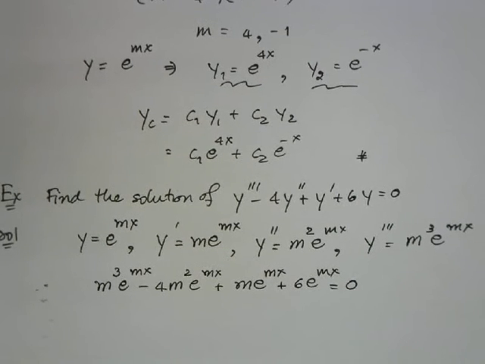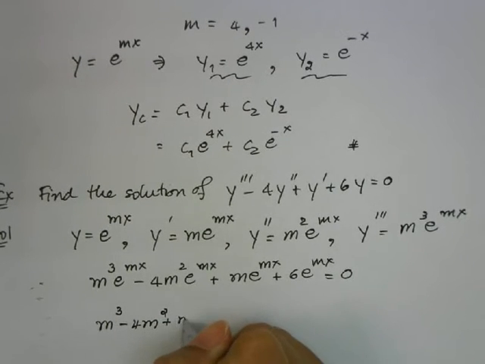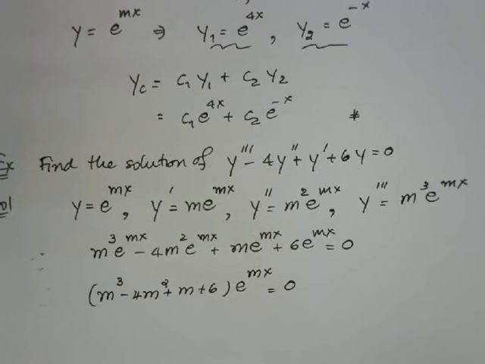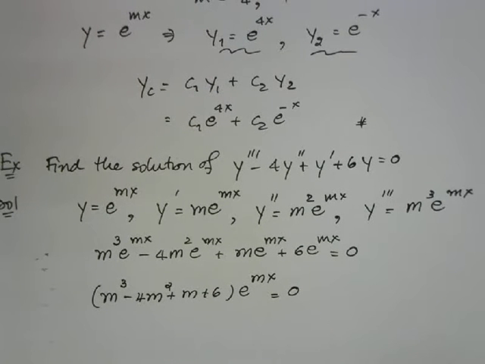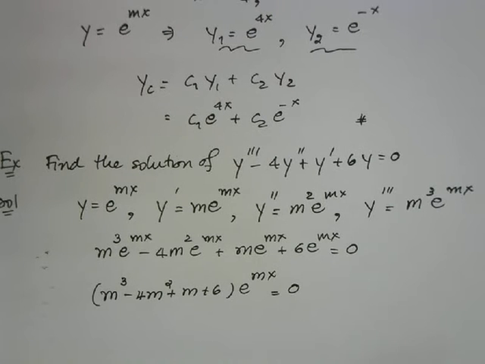You have the term which is the same, exponential of mx, and you take it out. Exponential of mx can't be 0, so the only way out is that the term inside the parentheses is equal to 0, which is called the characteristic equation.